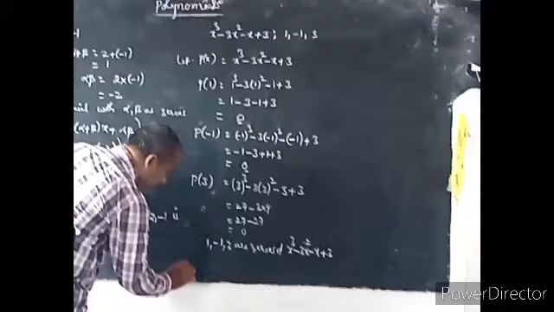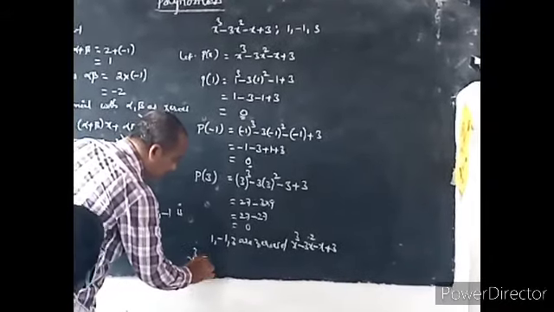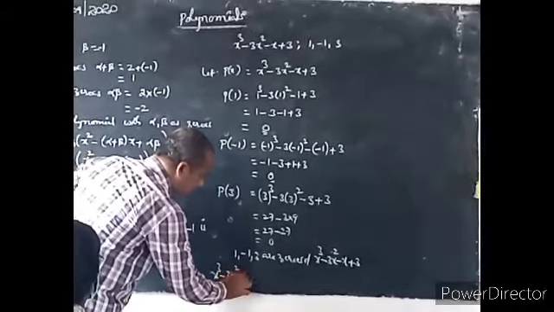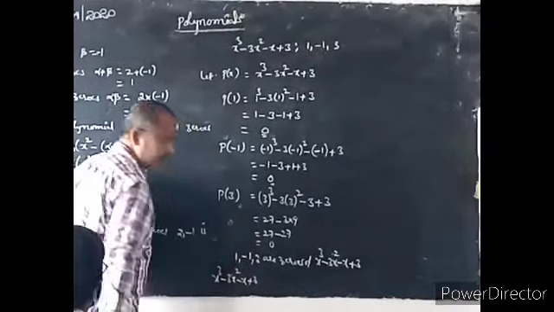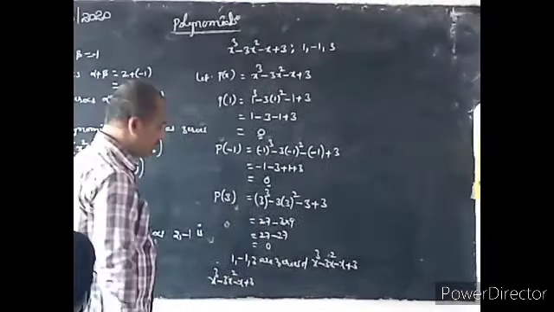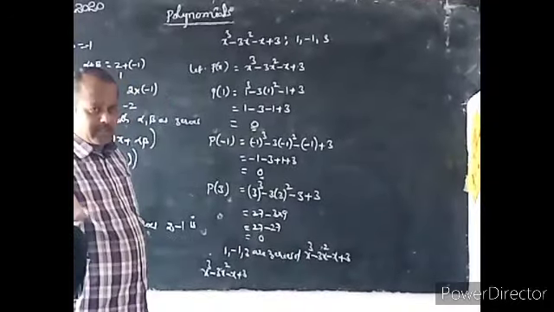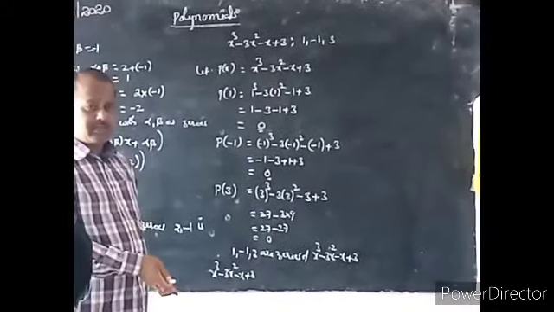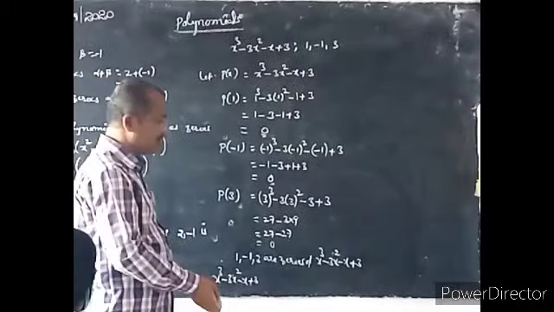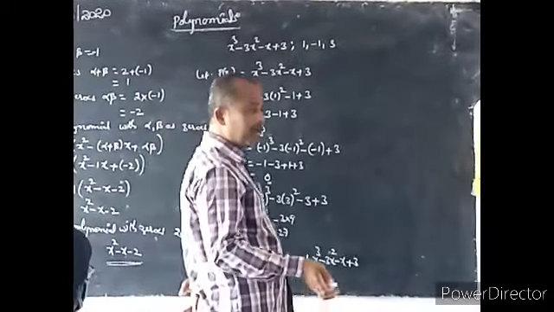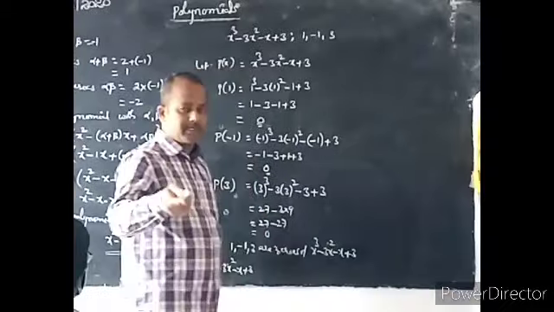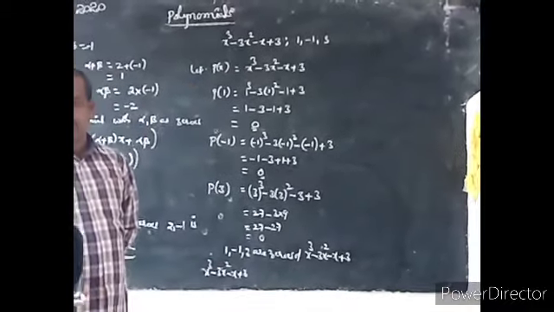Now x cubed minus 3x square minus x plus 3. Now we are writing only coefficients, no need to compare. If you want, compare and directly write minus b by a, c by a, d by a. The formulas are there now.